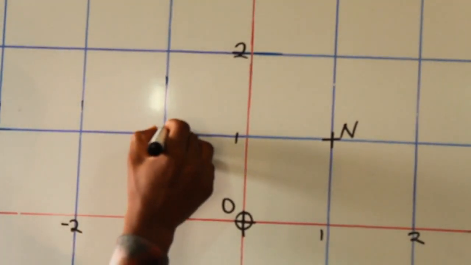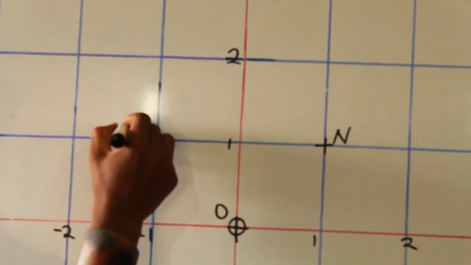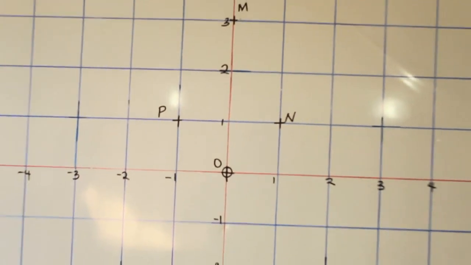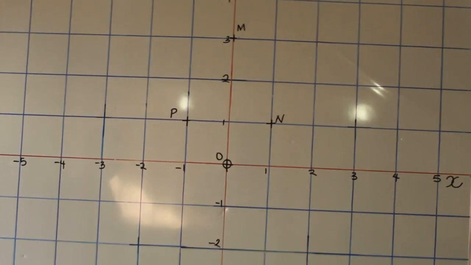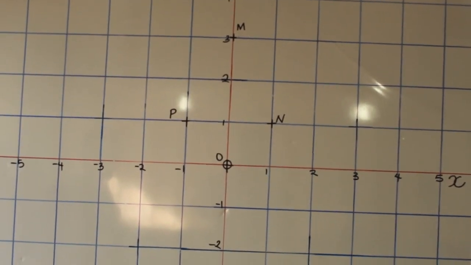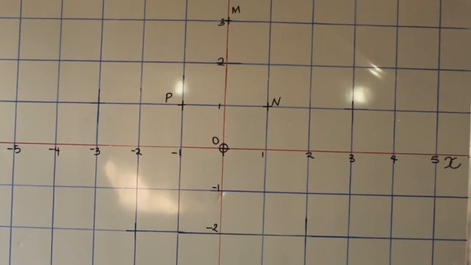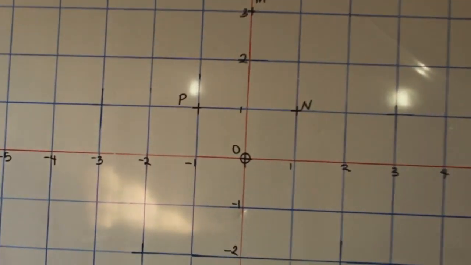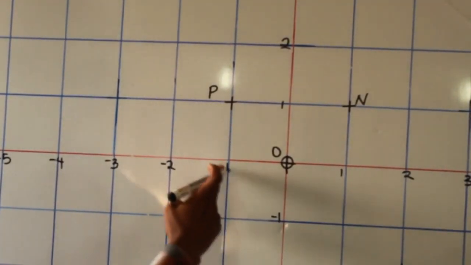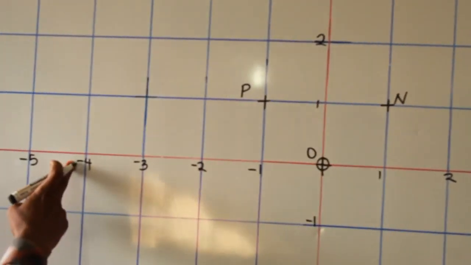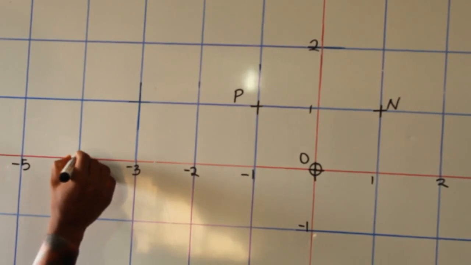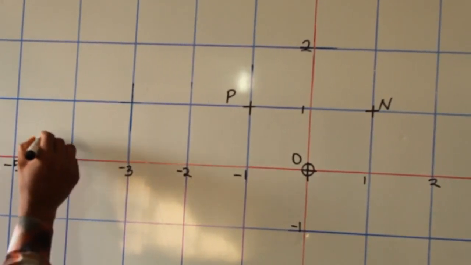This is our point P. The next point is our point Q, and point Q is (-4, 0). Minus 4. 1, 2, 3, 4, 0. It means we're not going anywhere but here. This is our point Q.